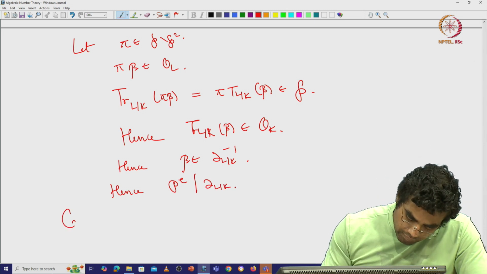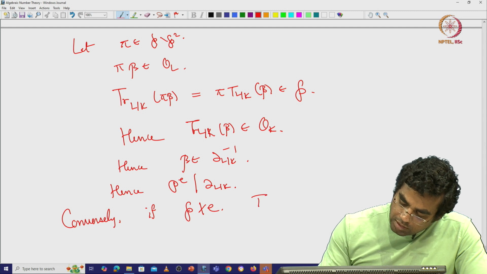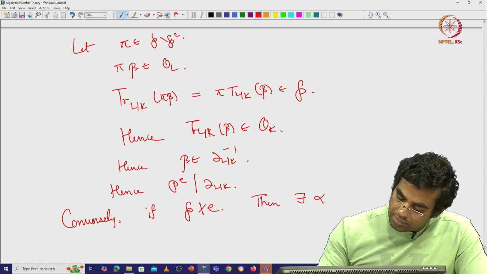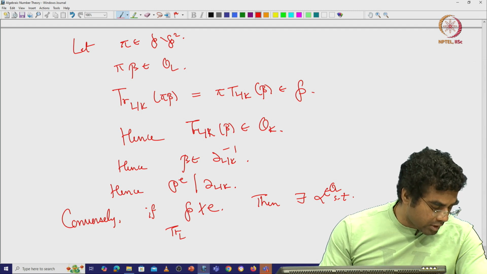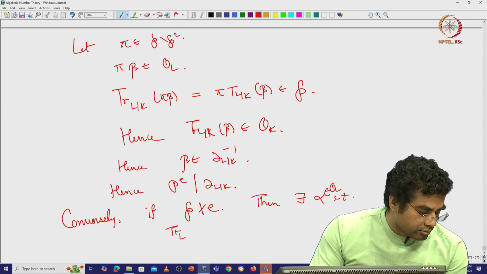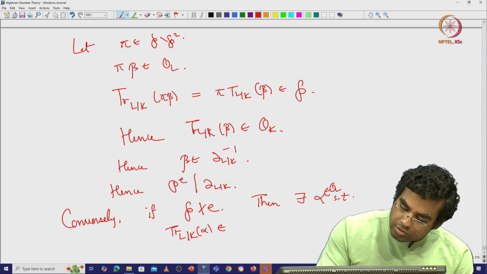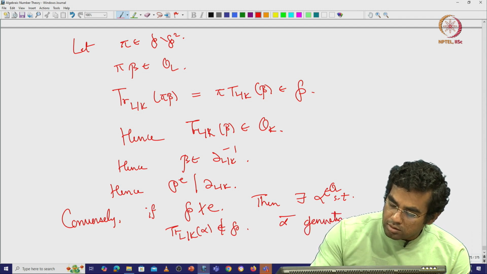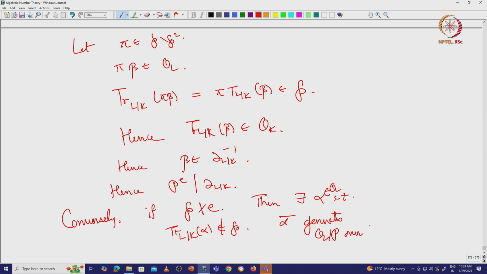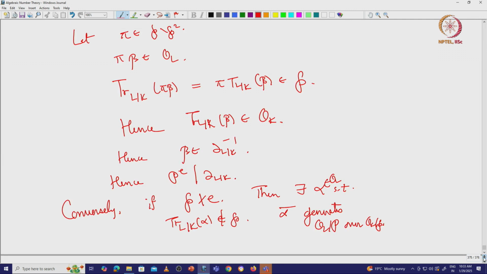So that's one part. Conversely, if p does not divide e, then there exists alpha in O_L such that the trace from L to K of alpha is not in p, and alpha bar generates O_L mod P over O_K mod p.